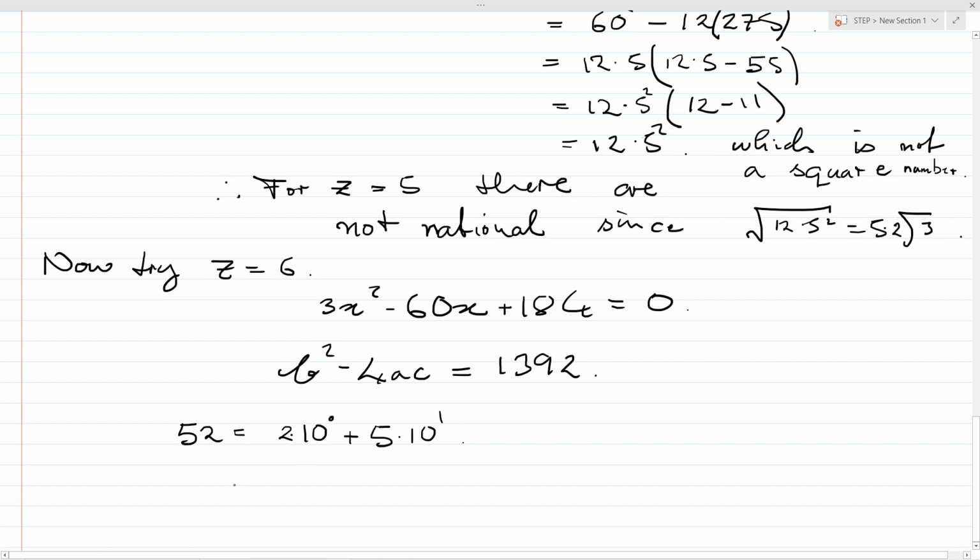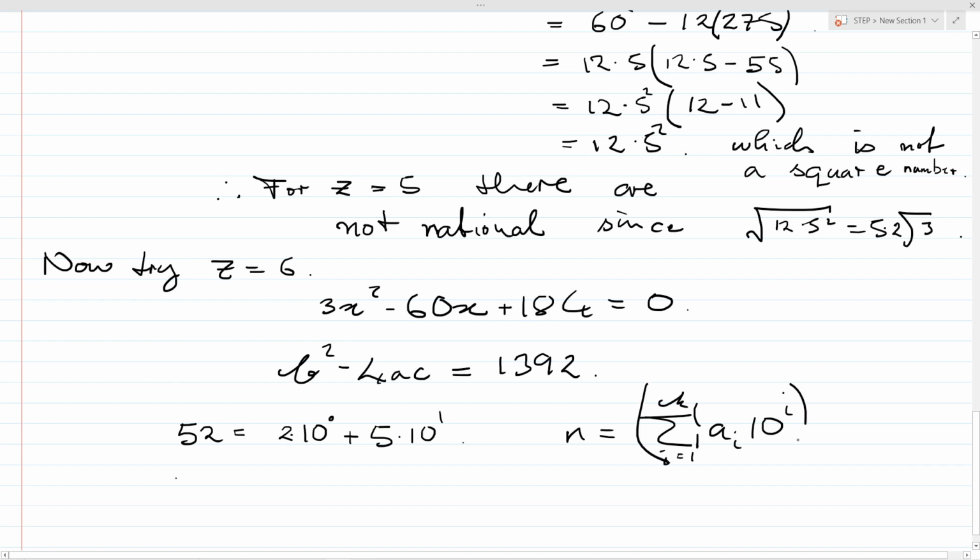So what we can see immediately is that if this last digit is not a square number, then the number is not a square. How do we see that? Well, we can write any number n as the summation from i equals 0 to k of a_i times 10 to the i.